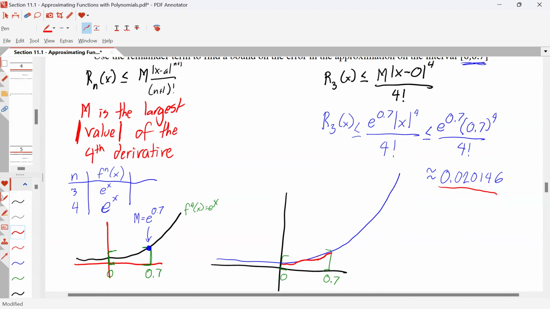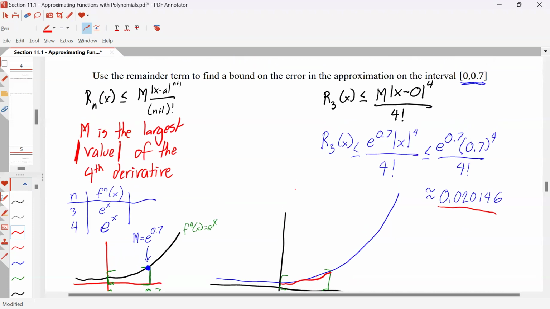So the function and the Taylor polynomial are going to be really close together. We're going to look at some more examples of using this remainder term in the next 2 videos.